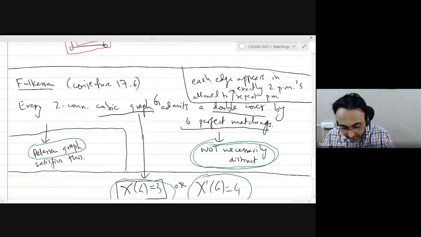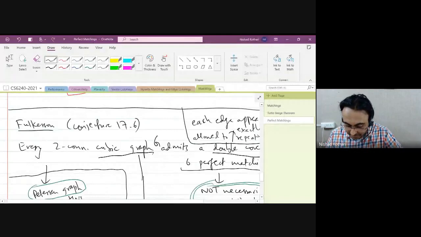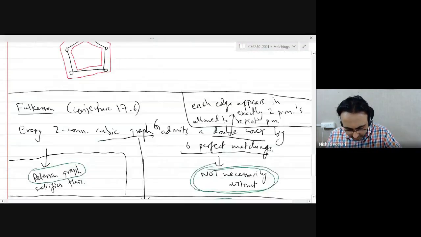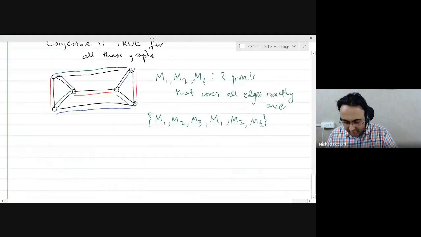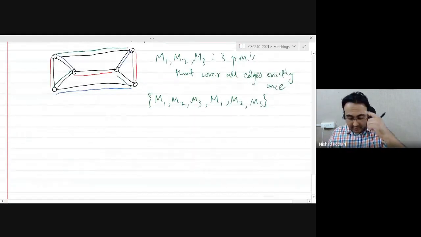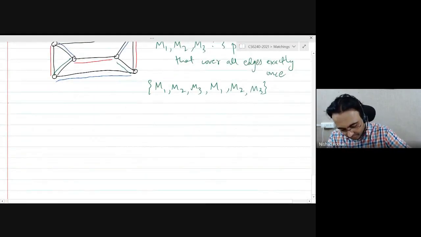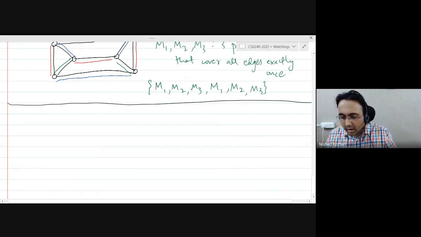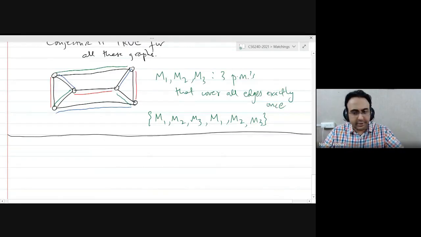We don't know how to prove it yet. I think Fulkerson, so that must be from at least the 70s or 80s. It can't be more recent than that. There is another related conjecture that I want to mention.